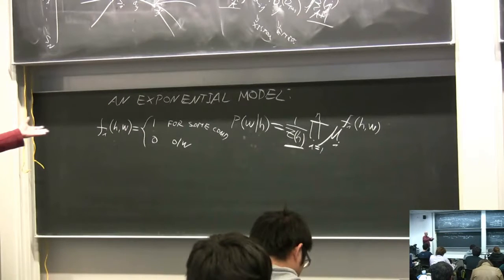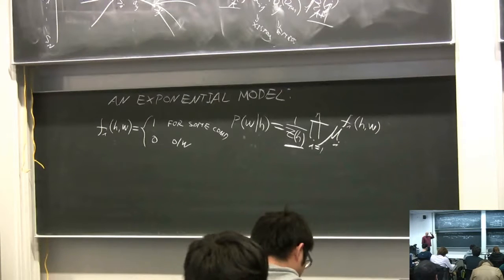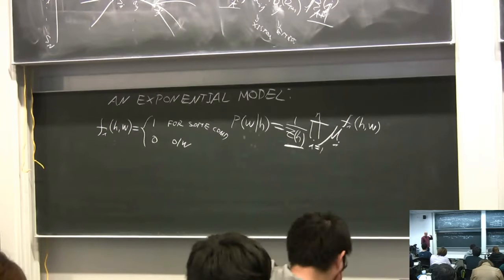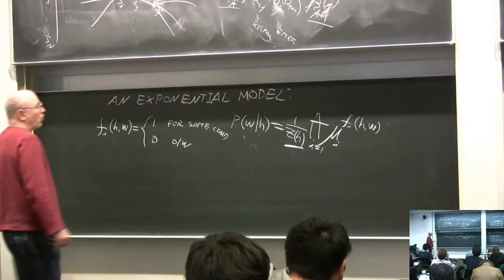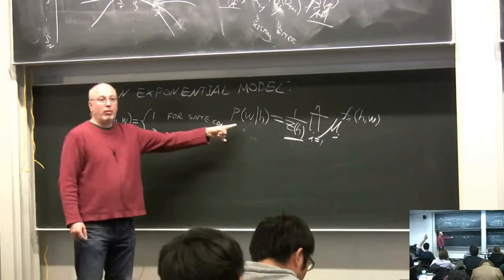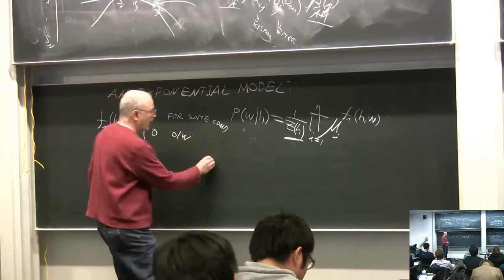So all of this was to argue why I want my function to look like this, why I believe this is a better way of combining features than by linear interpolation of individual predictors. Now, there's another way of looking at it which might be even easier. Try to look at the log probability rather than the probability.